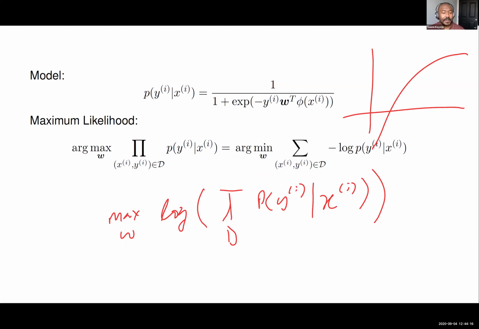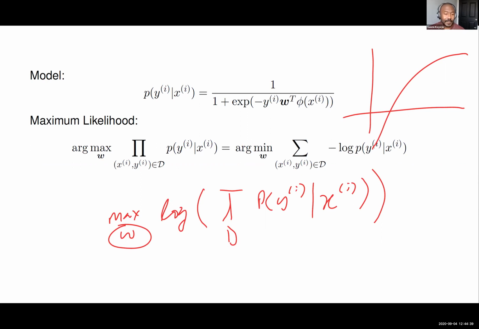And so even though the value of the maximum may be different, the setting of W, the actual W that maximizes this, will be the same argmax, whether we used the original joint distribution or the log of the joint distribution. This ends up being a really nice thing, because logs simplify the problem a lot.